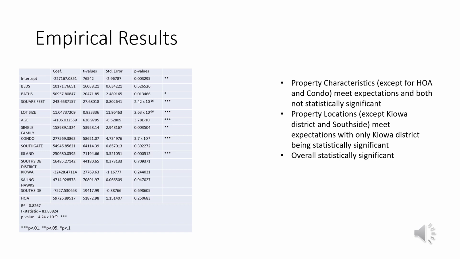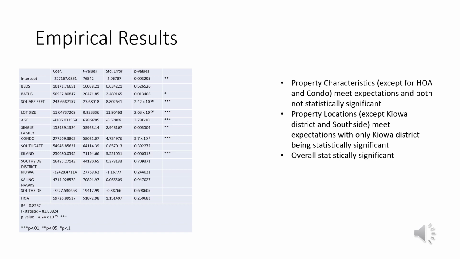Even more interestingly, if the condo were classified as a condominium instead of a single family type of property, it increased the expected sales price by 60% more than if it were classified as a single family property.